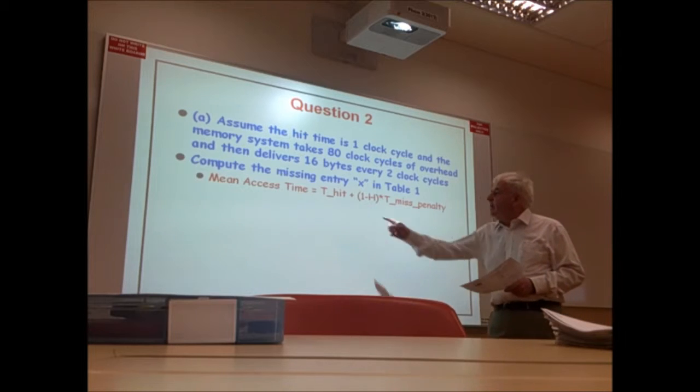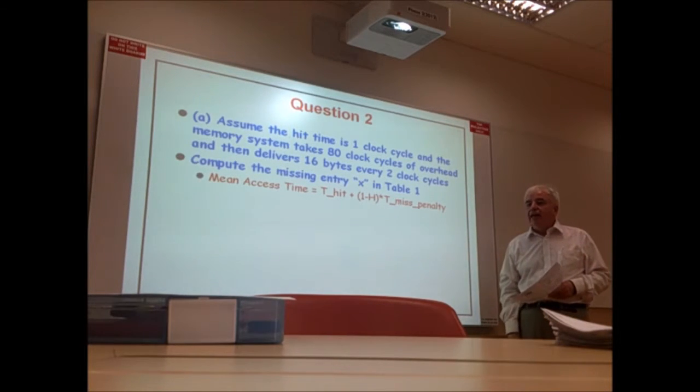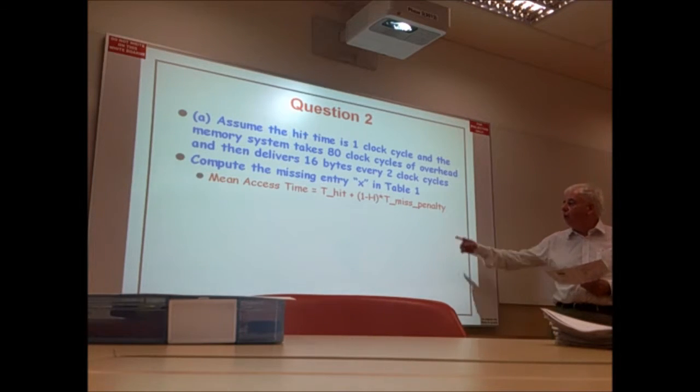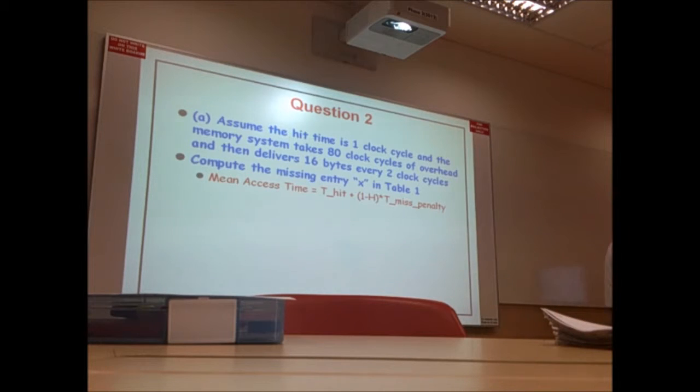We know the hit time is 1, and we're asked to calculate x, and x is for a 64 byte block. So for a 64 byte block, what will the miss penalty be? 88, because it's 2 cycles for every 16 bytes, and we have 64 bytes.